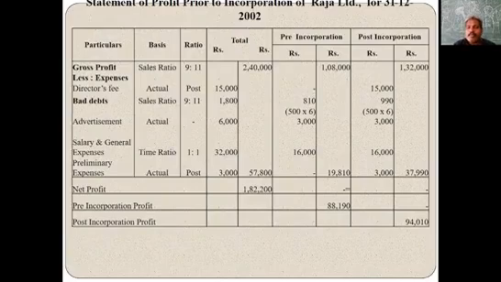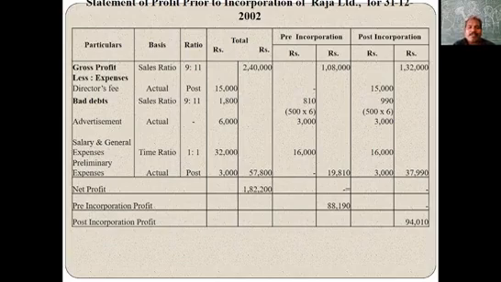How to multiply with 6? Pre-incorporation duration is 6 months. Post-incorporation duration is 6. So totally 6,000. It should be classified according to the duration of pre-incorporation and post-incorporation. We will get 3,000, 3,000 respectively.